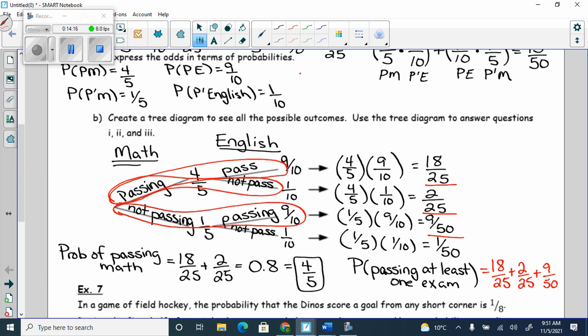We should get 0.9. No, 0.98. Oh yeah, because this would be 1/50th.